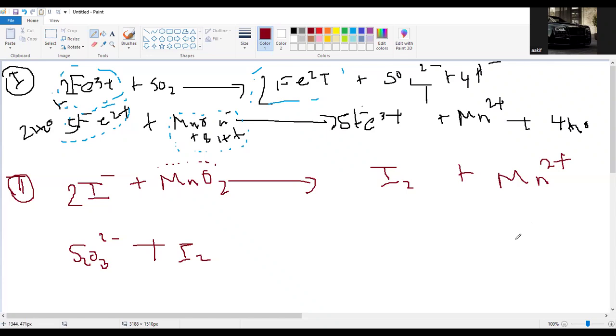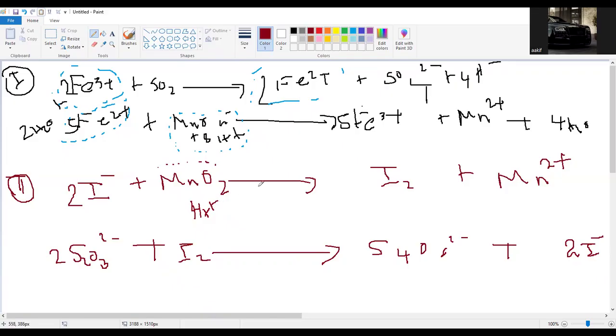Now that formed I2 will react with S2O3 2- and form S4O6 2- and 2I-. So here you will have 4H+ and 2 water. So these are the balanced reactions of procedure 2.